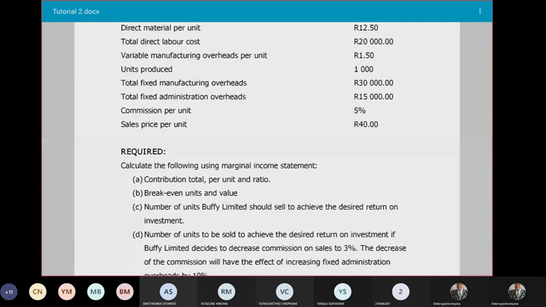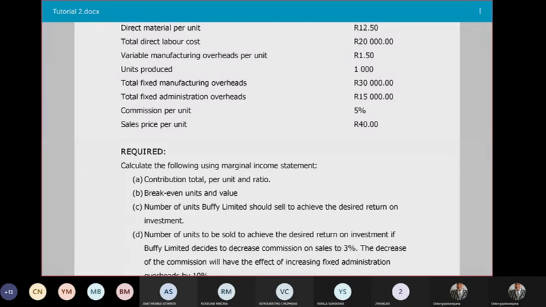B, I do the break-even units and the value. C, the number of units Parfait Limited should sell to achieve the desired return on investment. I think on the original question, that's where it starts. But I've decided to add the other two questions so that we can have more practice on this.